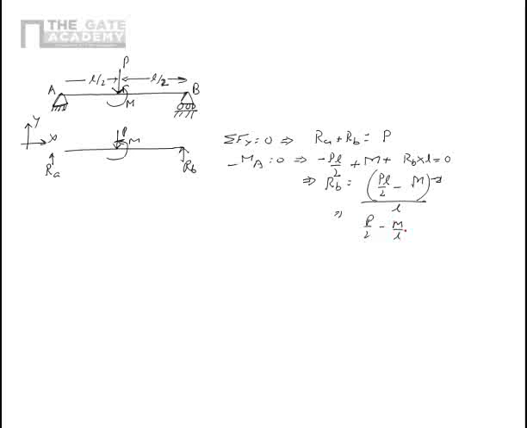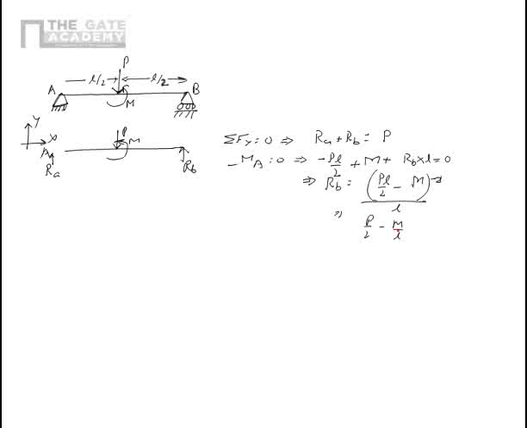Now please relate this with the previous case. The reaction because of the moment alone at A, this is point A, was M by L. And now we have a reaction because of the force.